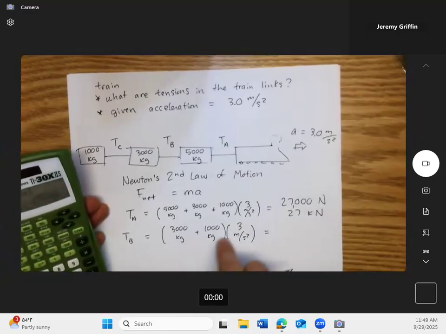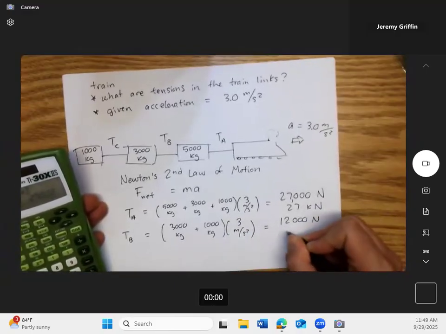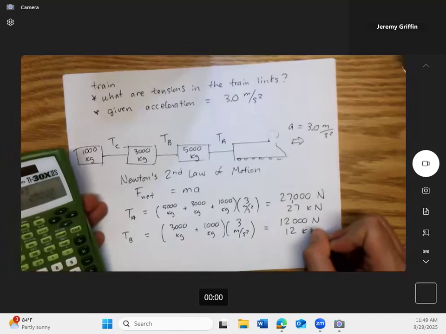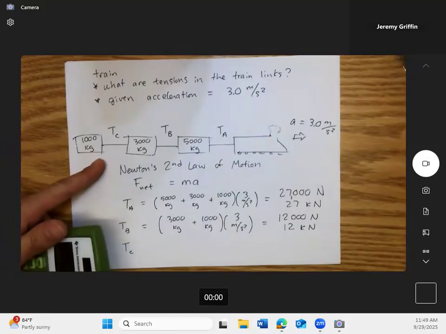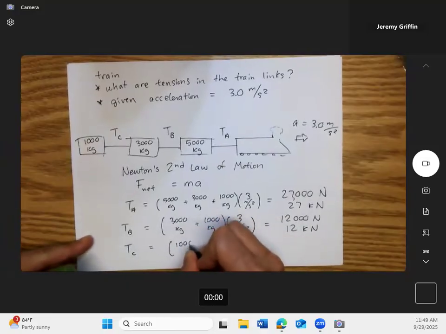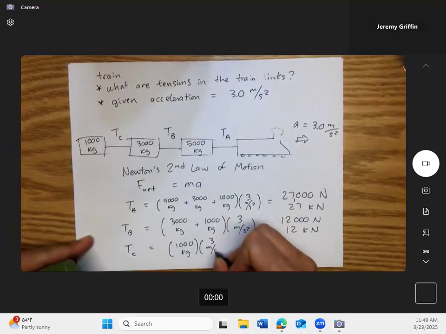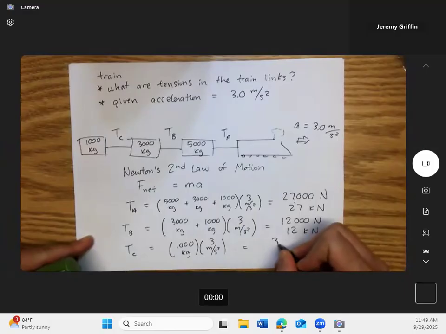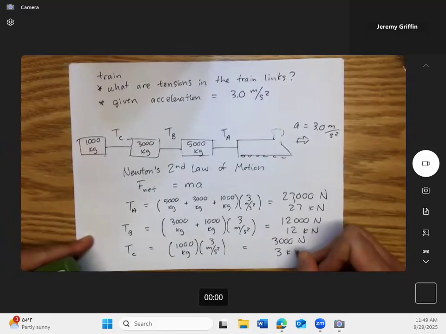So 4 times 3 is 12,000 newtons, or 12 kilonewtons. And then this last link is just pulling the caboose, which is 1,000 kilograms. It has to make it accelerate at 3 meters per second squared, so that's 3,000 newtons, or 3 kilonewtons.